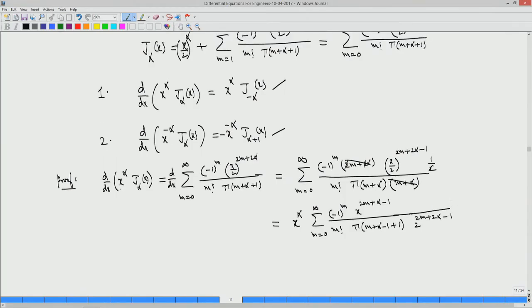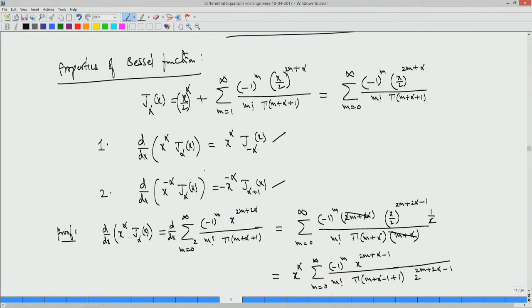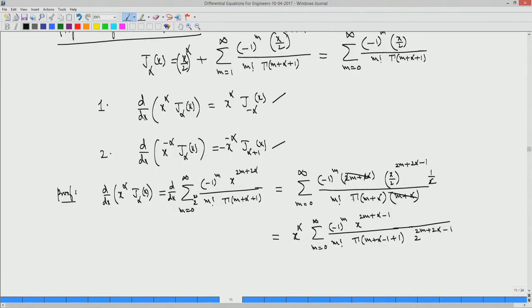So, when I multiply x power alpha, it's actually only here, not for the full. So, this is only x power, this 2 power 2m plus alpha. So, only 2m plus alpha.